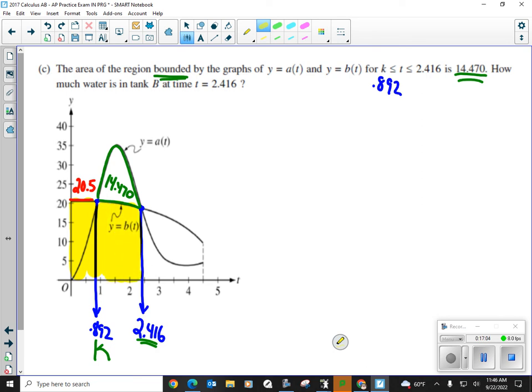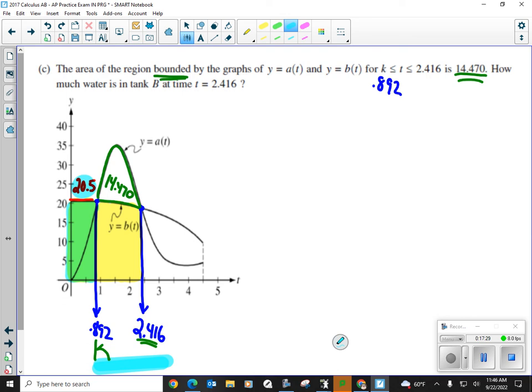This is what we want. We already know this. I can just integrate from 0 to 0.892 my 20.5. I can do that. But I don't have an equation for the second part of B, between K and 2.416.